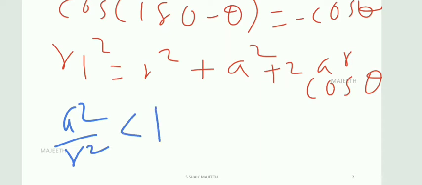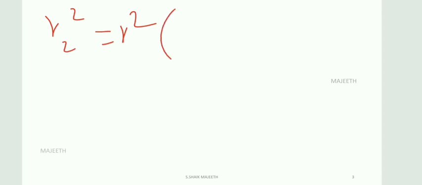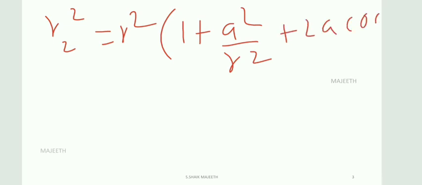So r2 squared is equal to r squared, I take it outside: 1 plus a squared by r squared plus 2a cos theta by r.